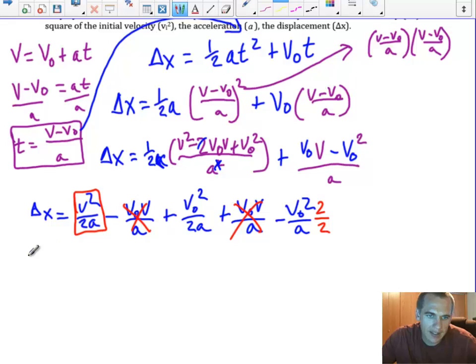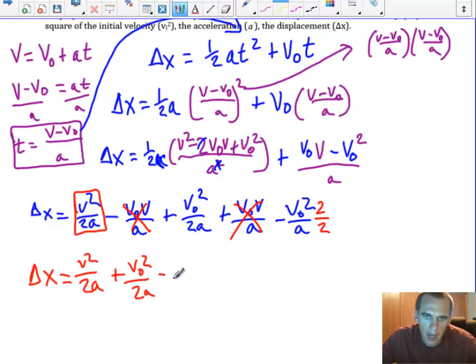So let's simplify this again. Delta x equals v squared over 2a, this term's gone, plus v naught squared over 2a, this term's gone, minus 2v naught squared over 2a.